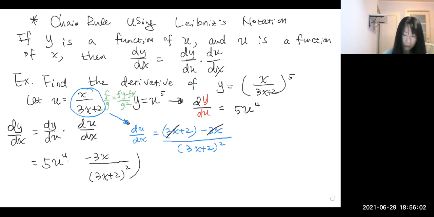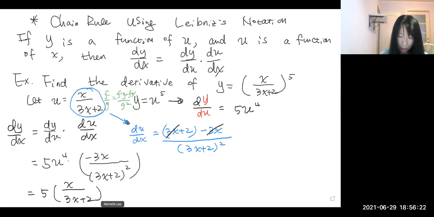Okay, now the variable is not matched, right? So we're going to substitute back. So this will be 5. What was u? u was x over 3x plus 2, to the 4th power.